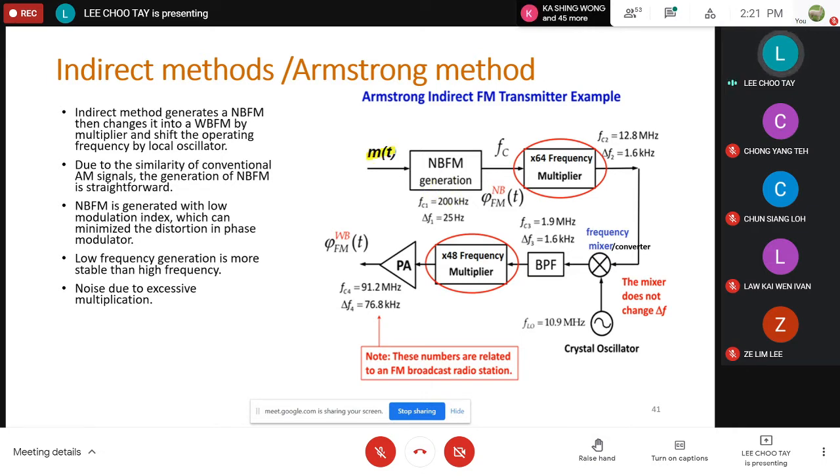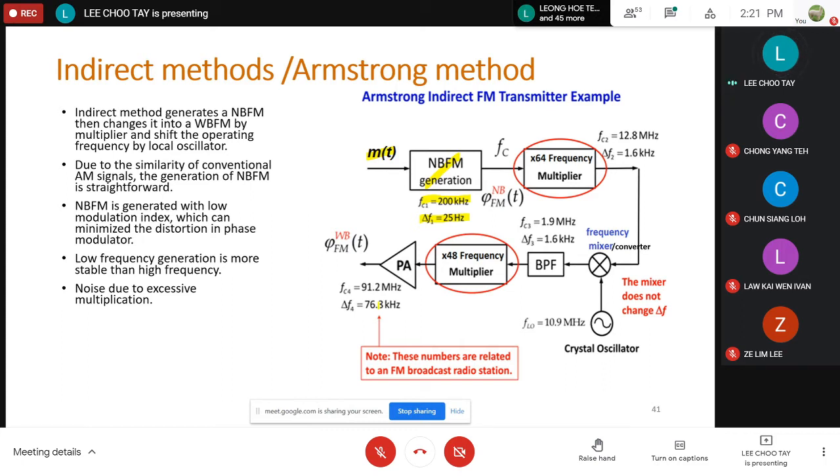So we have a message signal here passing through a narrowband FM signal generator. This narrowband FM signal generator will generate a narrowband FM signal with a carrier frequency of 200 kilohertz, and then a frequency deviation of 25 hertz. Okay, very small frequency deviation, only 25 hertz.